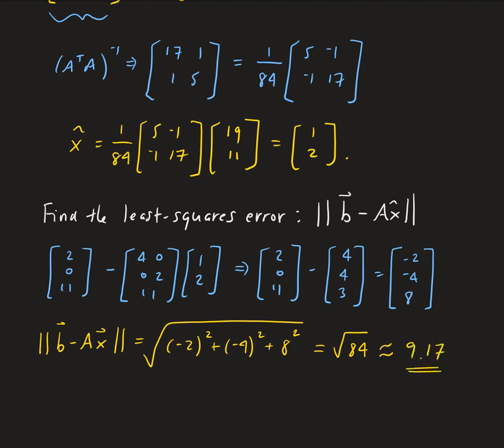So that is the least squares error. That's the minimum, the smallest error we can get, because of the orthogonal decomposition theorem.